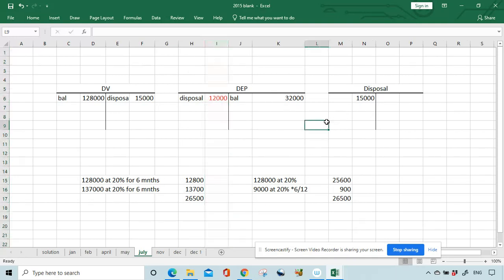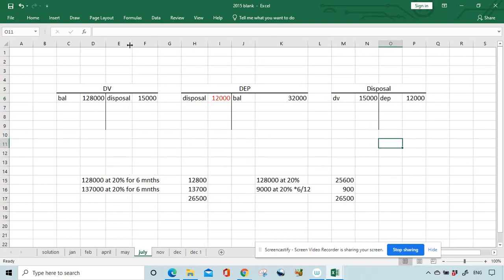So we debit it there, we credit it here, 12,000. Okay, what else do we know? There was a trade-in allowance of 4,500, debited there, and allowance credited here 4,500.